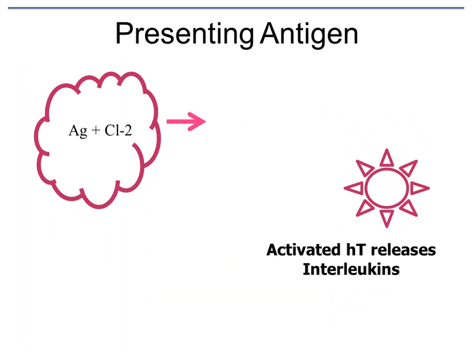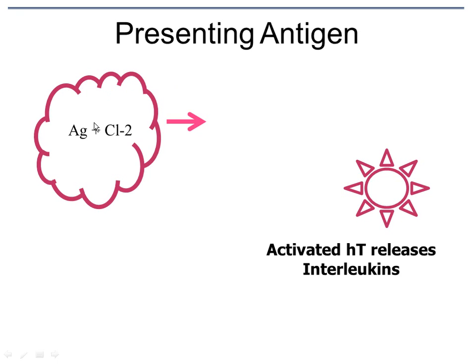Right. So if a macrophage sees that there's no class 1 receptor, or let's say the class 1 receptor didn't match, it would phagocytize it, lyse it, and then choose pieces of this pathogen that it feels would cause a good reaction that everybody else could recognize. And there are rules to that. They tend to be large molecules, they tend to be protein-based, blah, blah. But for the sake of our discussion, we're going to trust the macrophage's ability to choose an antigen, a piece of the bigger pathogen.